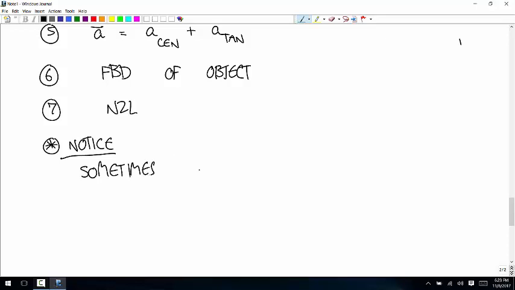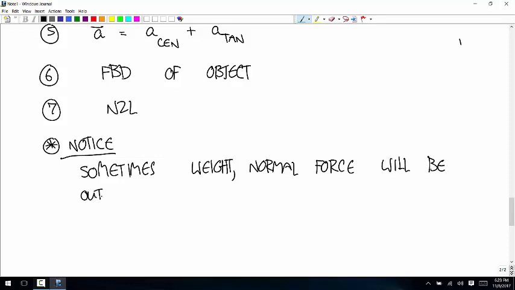But sometimes weight and normal force will be out of the plane of our chosen coordinate system. If that's the case, you can just leave them out of the free body diagram and out of Newton's second law, okay?